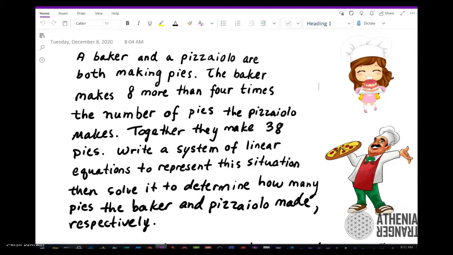Here I'm referring to a baker baking a dessert pie, and then pie is like the Italian term for a pizza, so like a pizza pie. The baker makes 8 more than 4 times the number of pies the pizzaiolo makes. Together they make 38 pies. Write a system to represent the situation, then solve it.